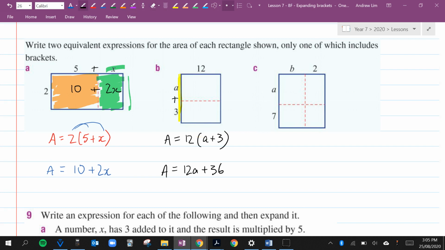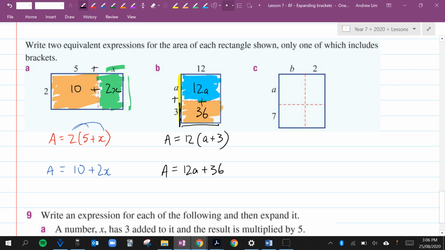Okay, and if we want to look at this visually, this is equal to 12 times a, which is 12a. And this is equal to 12 times 3, which is 36. So the total area is 12a plus 36.